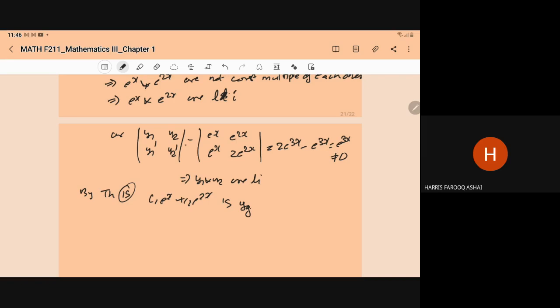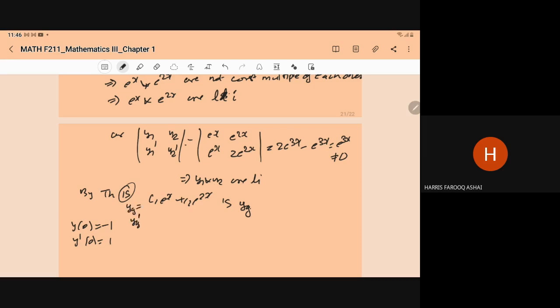Now they are saying to find the particular solution for which y(0) is equal to -1 and y dash (0) is equal to 1. So let's say it is the yg.